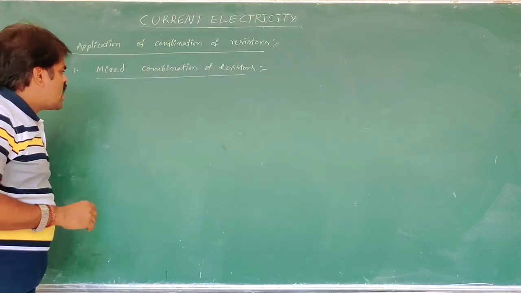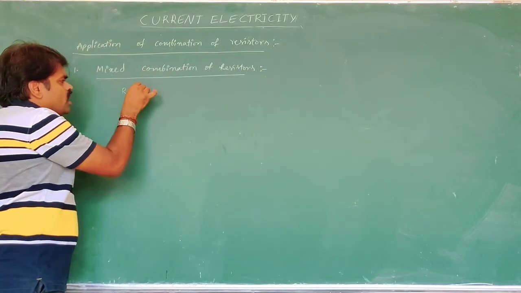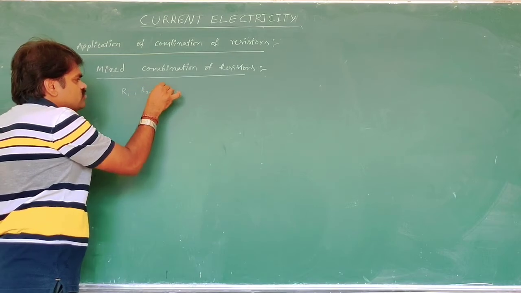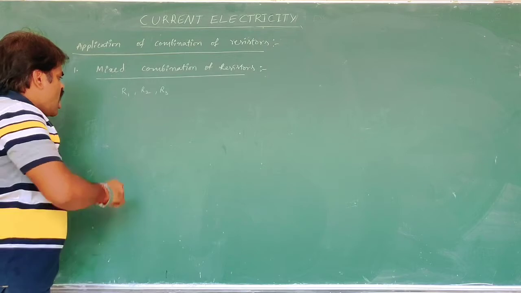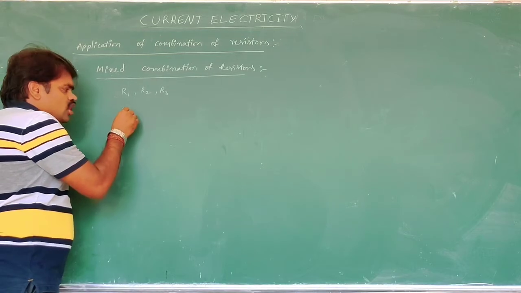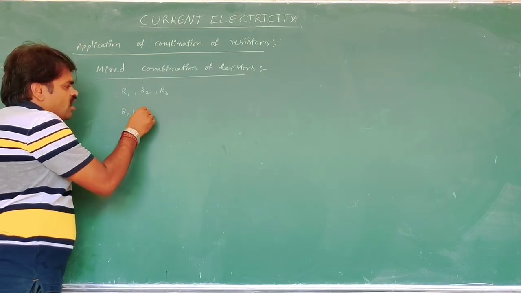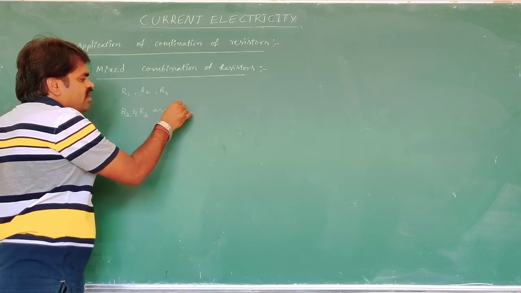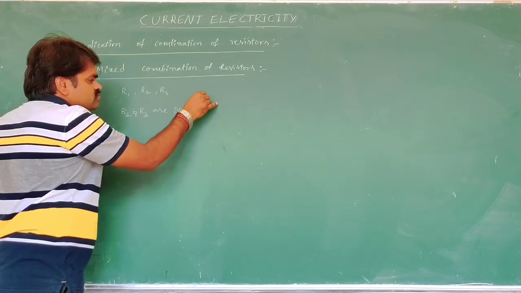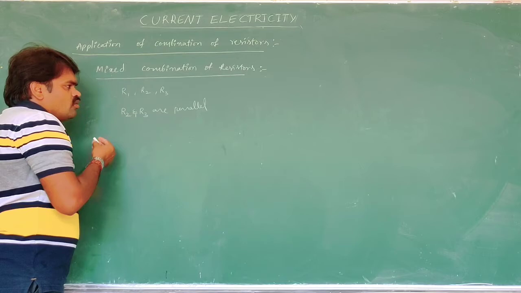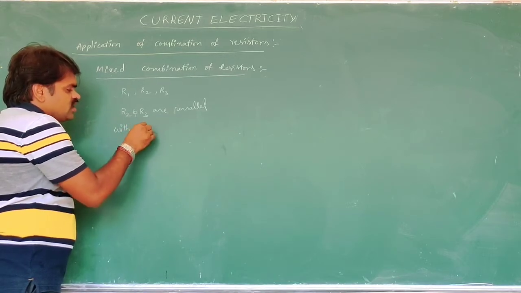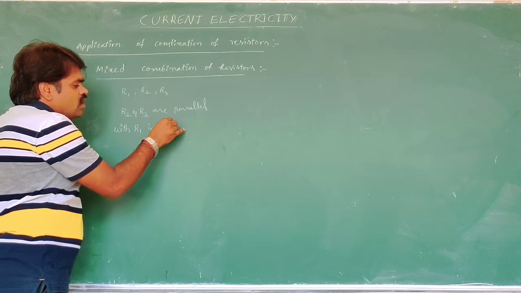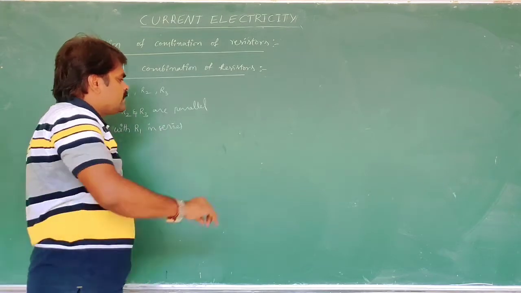Let R1, R2 and R3 be the three resistors. R2 and R3 are connected in parallel, with R1 in series, as shown in the figure.